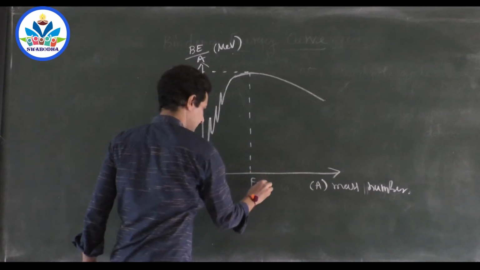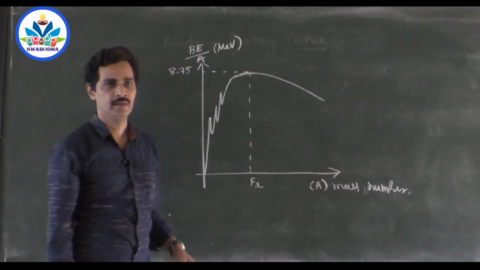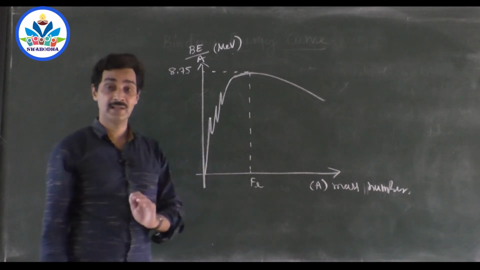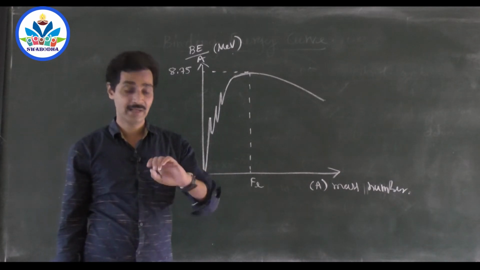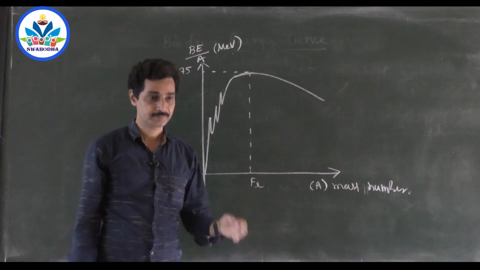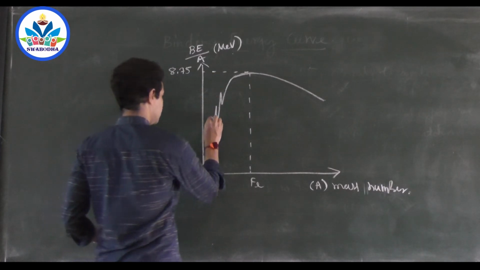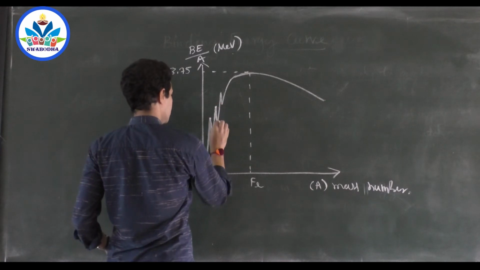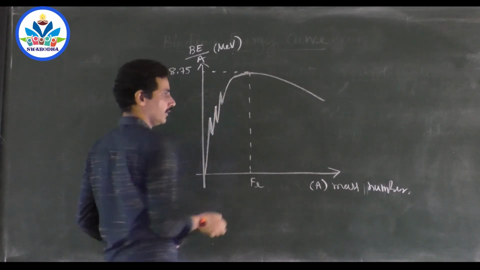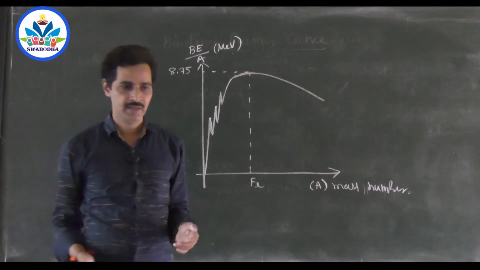Iron is the strongest element. Even calcium is strong, because the specific binding energy, or binding energy per nucleon, for iron or calcium is very high. That is the highest one. And here are some spikes which say that binding energy per nucleon is not varying smoothly with the neighbors.